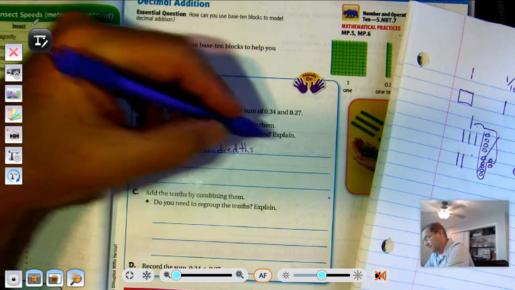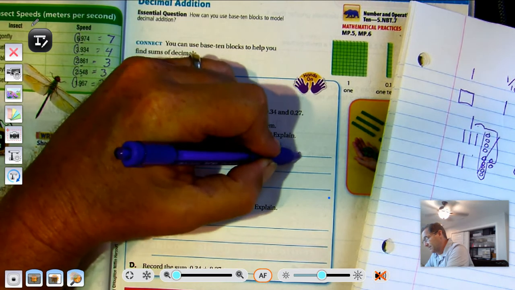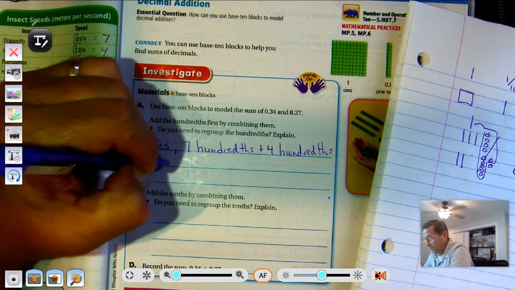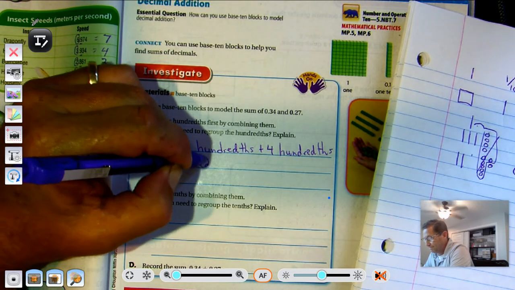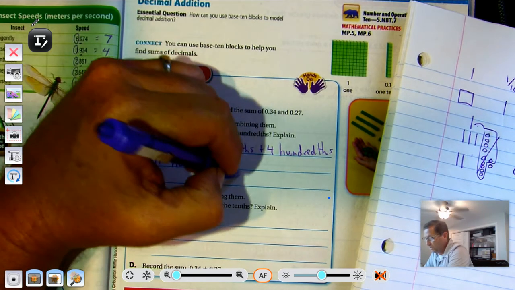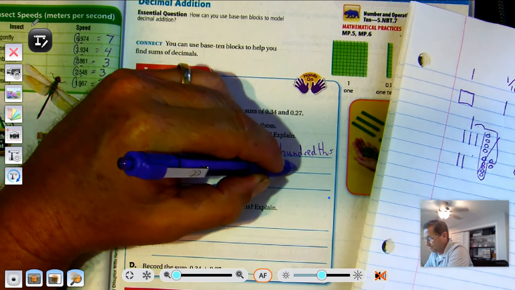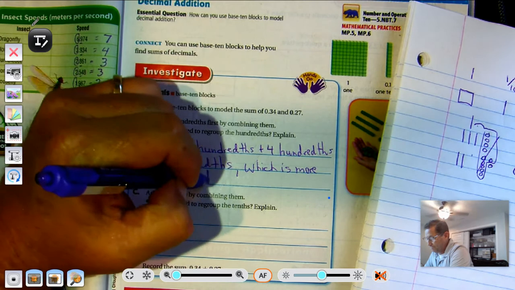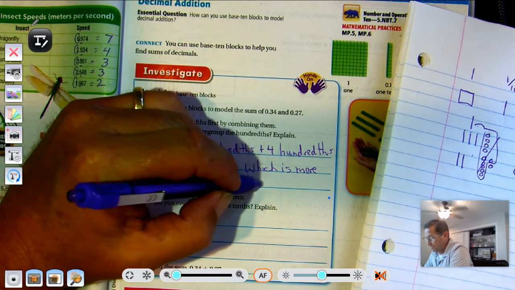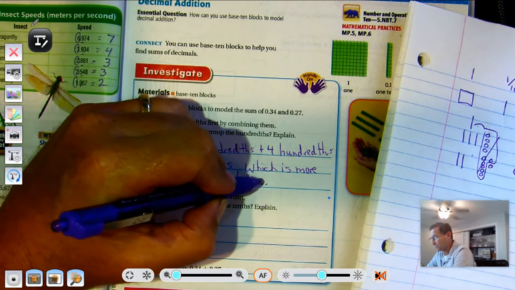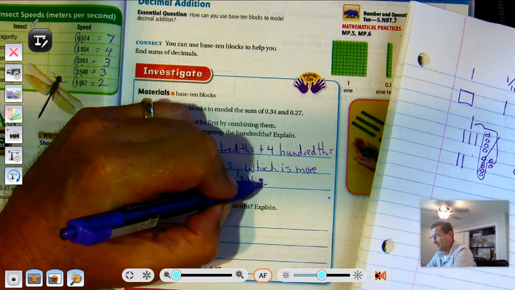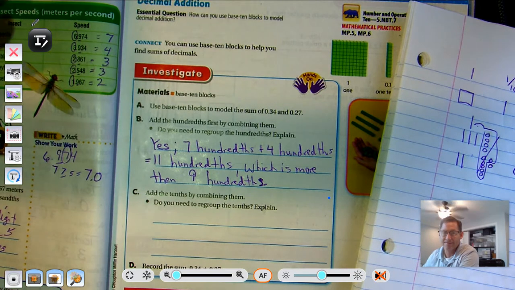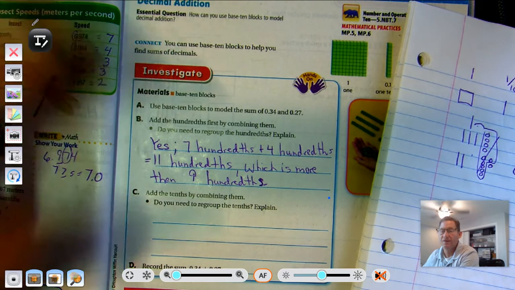So 7 hundredths plus 4 hundredths equals 11 hundredths, which is more than 9. Okay. We know that in our base 10 system, you can only have up to 9 in any place value. Once you reach past 9, so 10, 11, so on, we regroup.